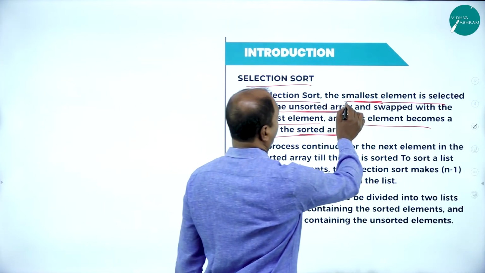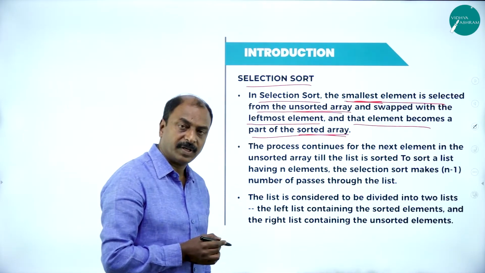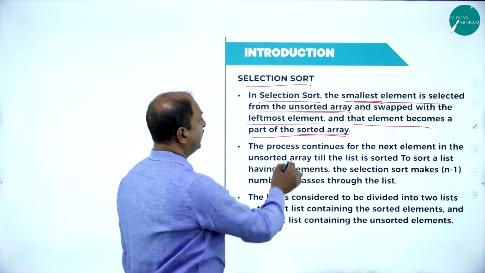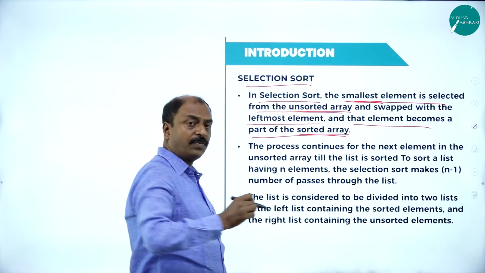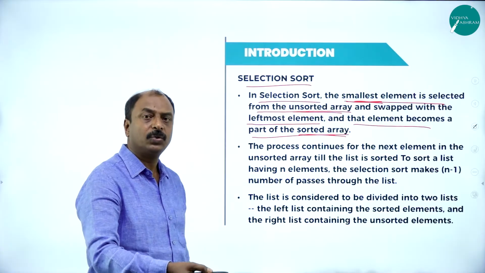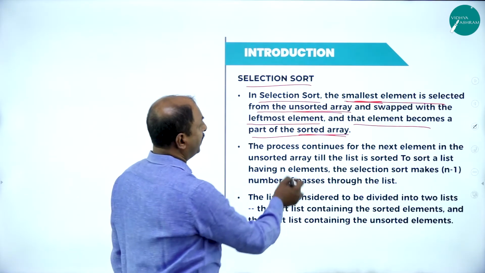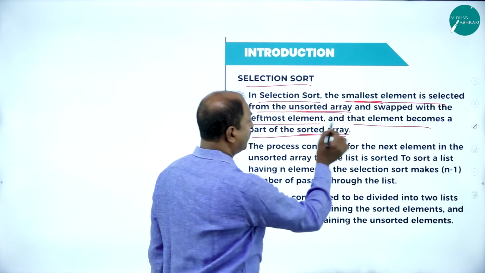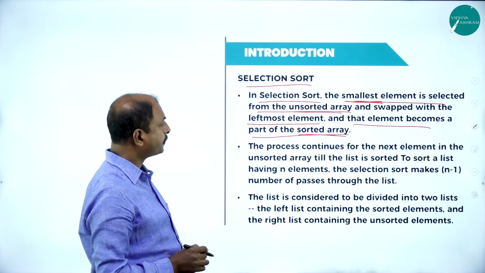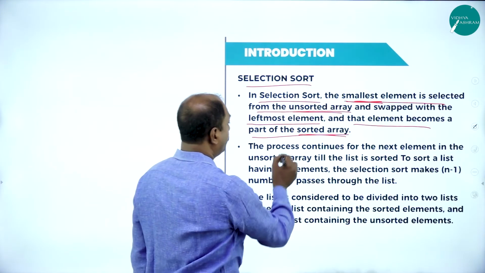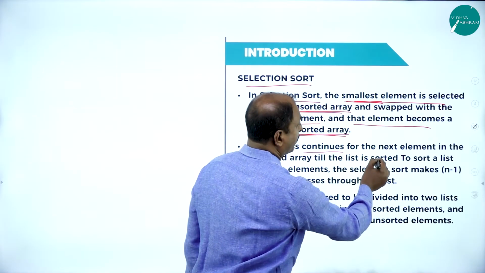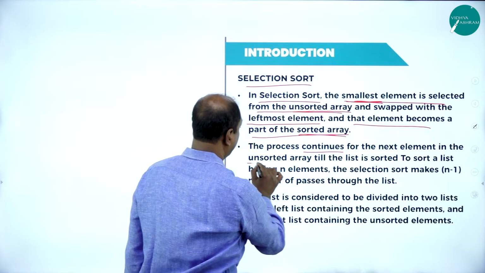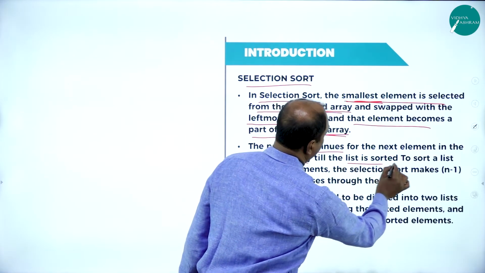One is we have to find out the smallest element in the given list. Next, we are assuming that there can be two parts in a given list: one is the unsorted array and the other is the sorted list or array. This same process continues for the next element in the unsorted array till the list is sorted.